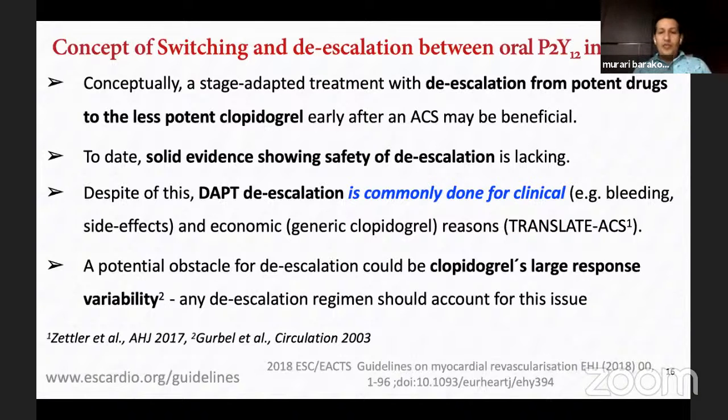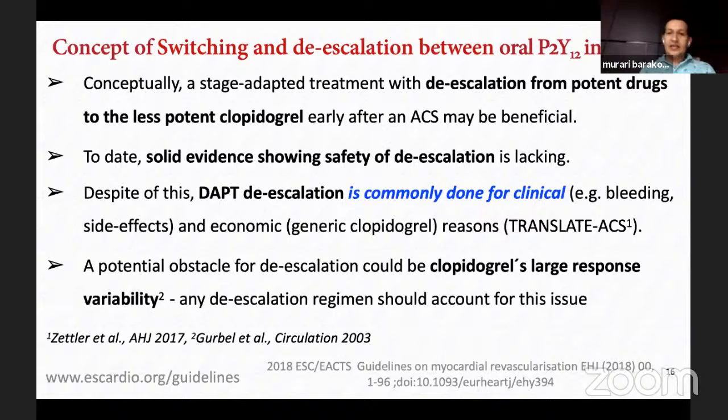And one point is that clopidogrel response is highly variable; about 30% of the population can have a low response, because it depends upon the hepatic cytochrome P450 isoenzyme CYP2C19. So they have multiple alleles. If it is a wild type, then they act well.